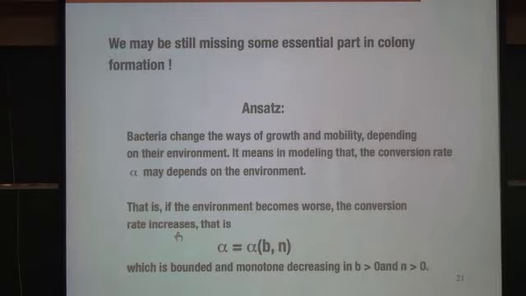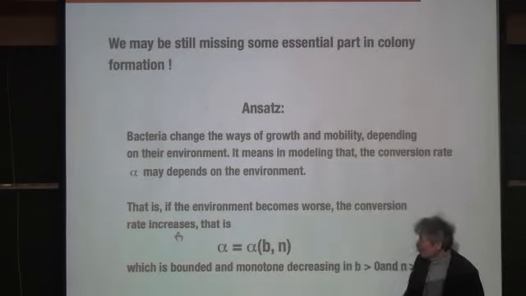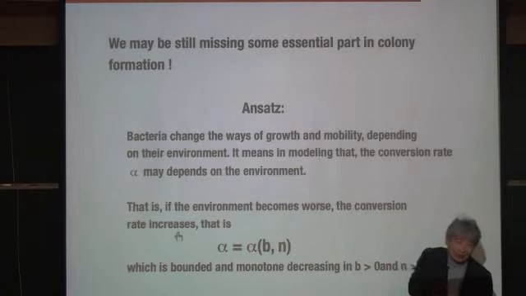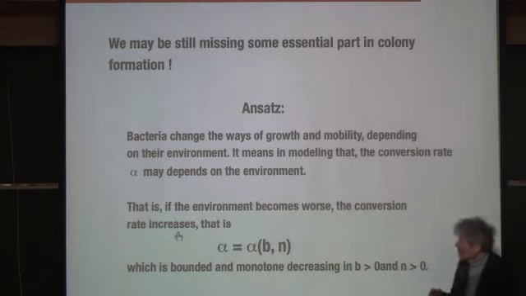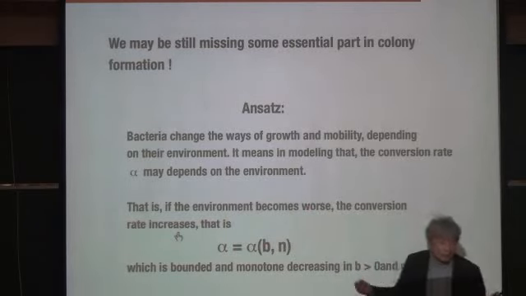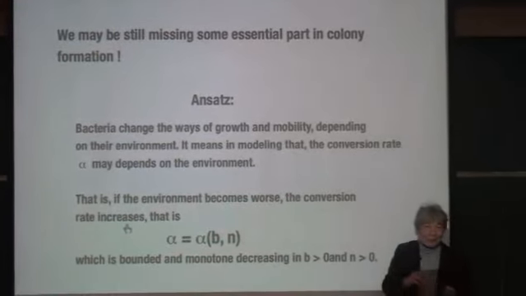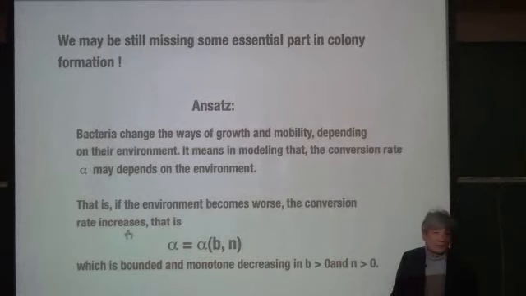Suppose we look only at N. If N is quite low, very low concentration, it means a very bad environment, and they really want to convert from the active cell to the less active cell. If N is very high, the environment is very nice, so they don't need to convert from the active cell to the less active cell.